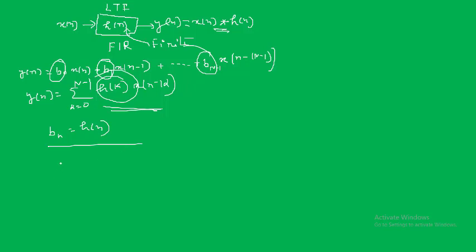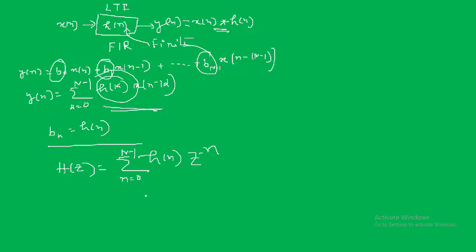So in that case we can write the transfer function of an FIR filter H of z as summation over n equal to 0 to N minus 1 h of n z to the power minus n. So this is the transfer function of the digital FIR filter, and it is of degree N minus 1.